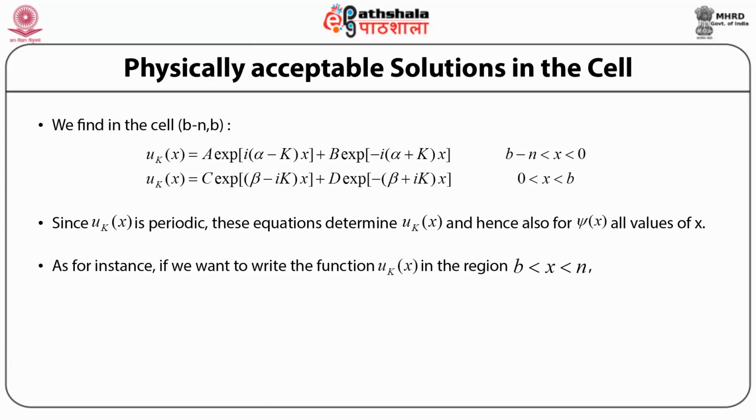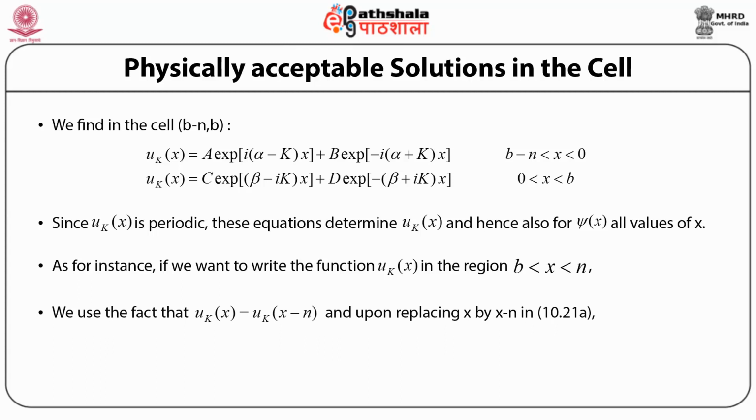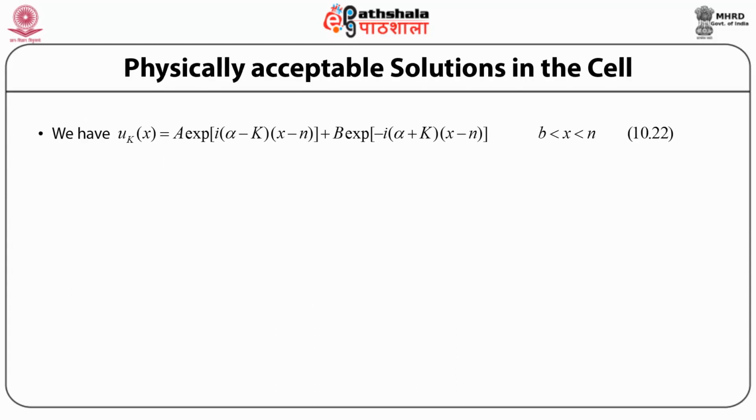As for instance, we want to write the function uk of x in the region x lying between b to n, so we use the fact that uk of x is equal to uk of x minus n, and upon replacing x by x minus n in equation 21a, we have uk of x is equal to a times exponent within the brackets iota into alpha minus k into x minus n brackets close plus b times exponent within the brackets minus iota of alpha plus k into x minus n. This is for x lying between b to n.